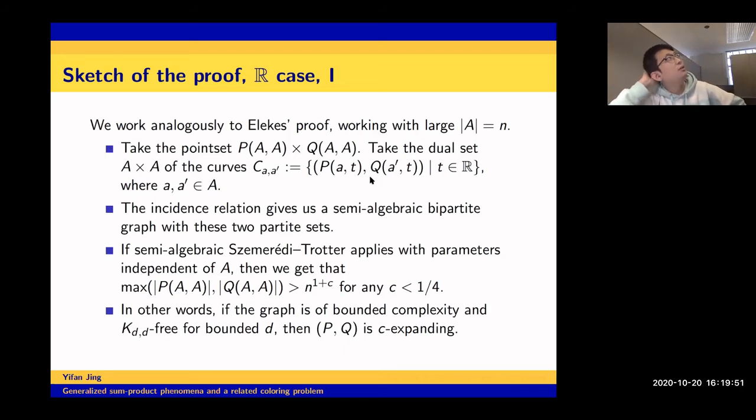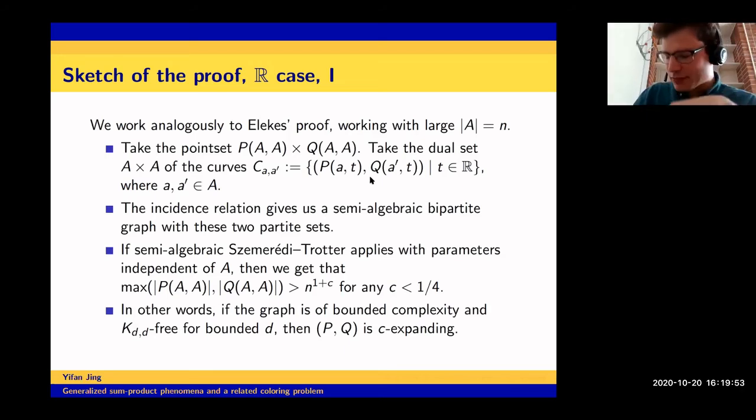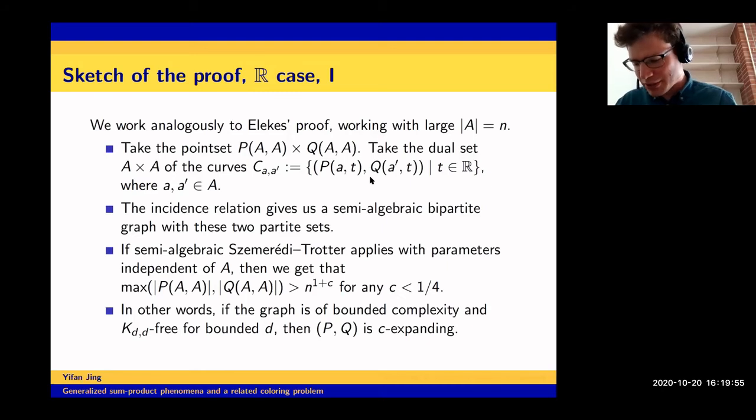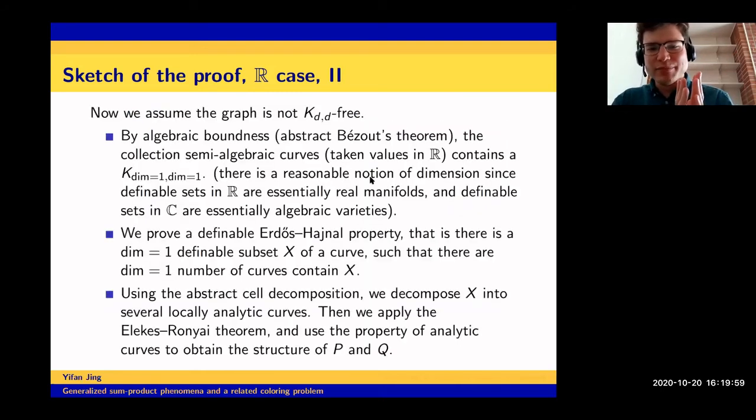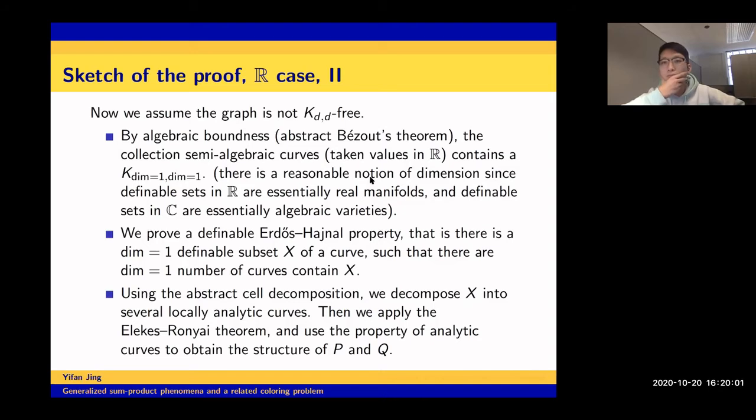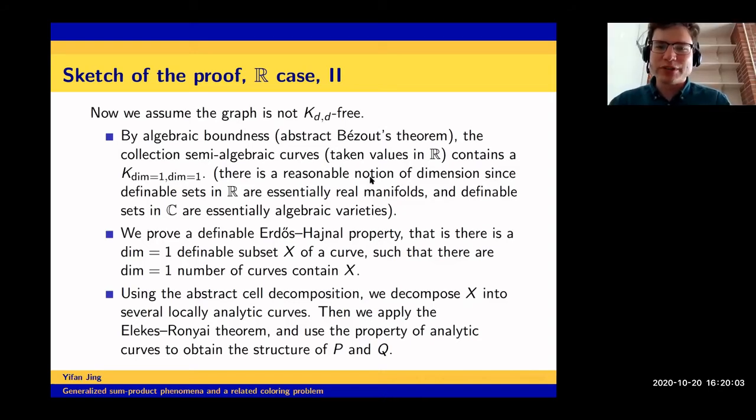But I think the reason I'm asking is that from the sketch on your next slide, when you said you have these curves that overlap in a dimension 1 bit, if they're algebraic, it's much more constrained how they can overlap. They have to essentially share an irreducible component. Yeah, I see.